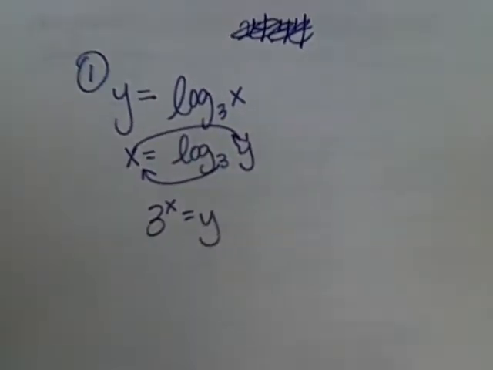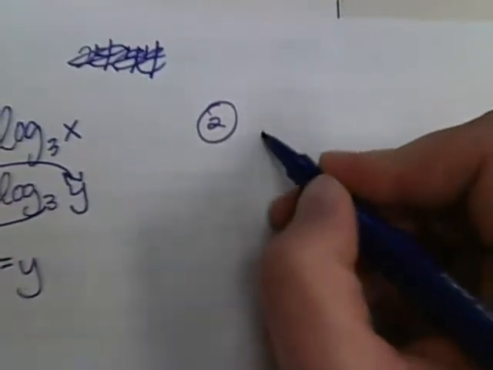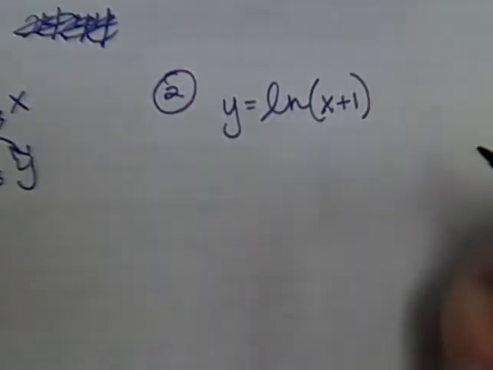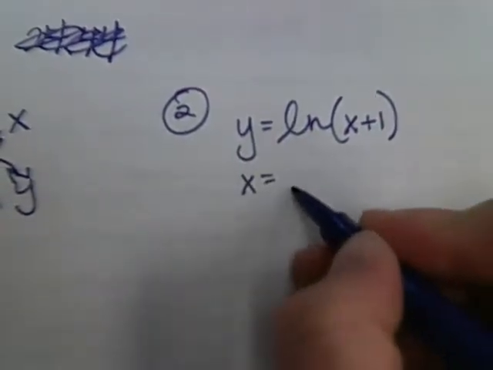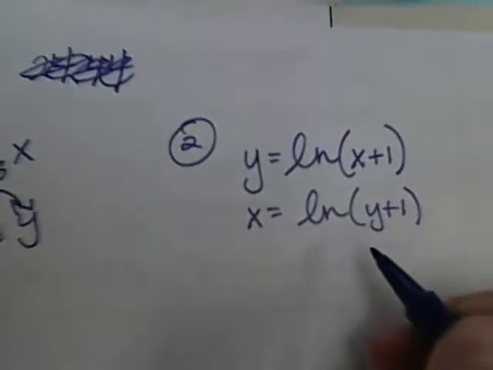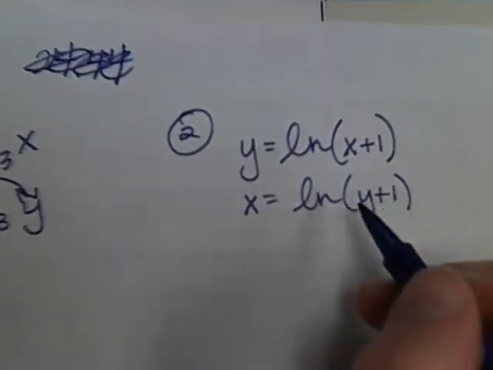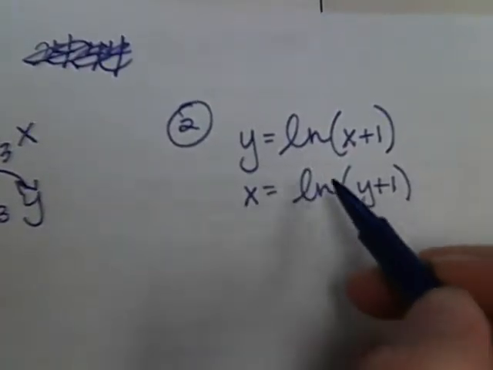Now, sometimes it's not always that easy. For instance, if we take a look at the second one, we have y equals natural log of x plus 1. So we need to switch x and y first. Well, y is locked in right now. You might think that you could subtract that 1 over, but in this case, that 1 and that y are locked in that parenthesis, and so we need to get rid of this logarithm.